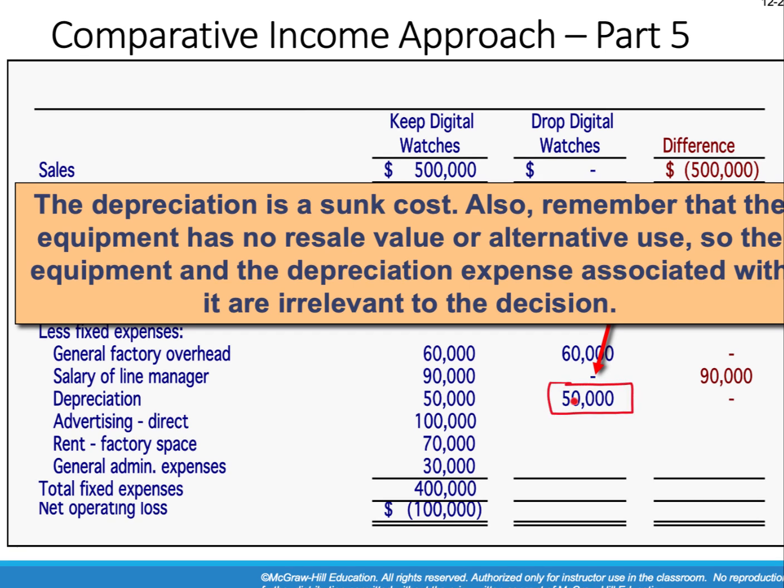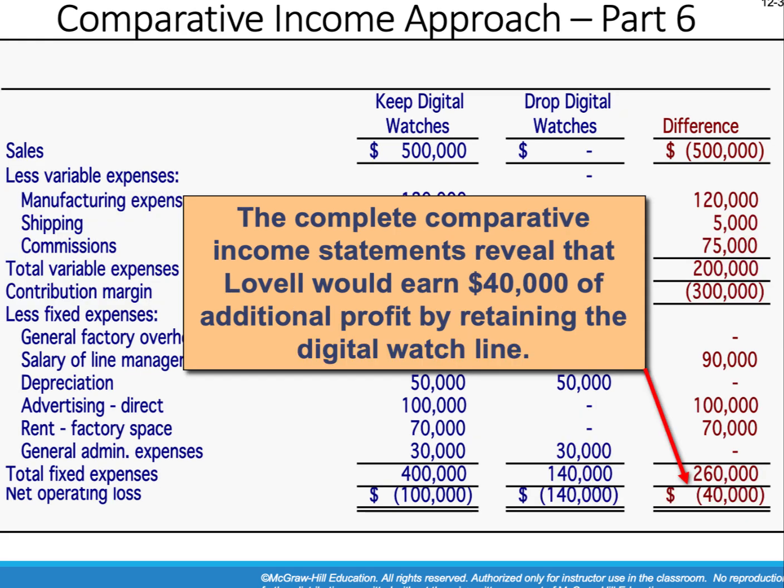It's a sunk cost. We never, ever, ever consider sunk costs. They're irrelevant to our decision. So since it doesn't differ between two circumstances or either scenario, we keep it. Okay? The next one we need to look at is our advertising.